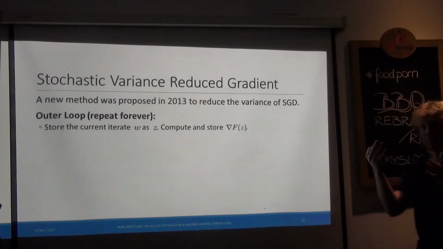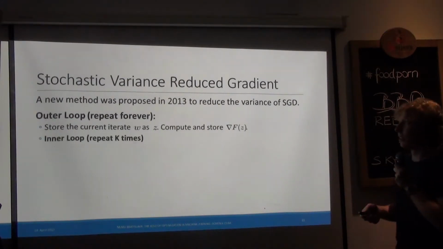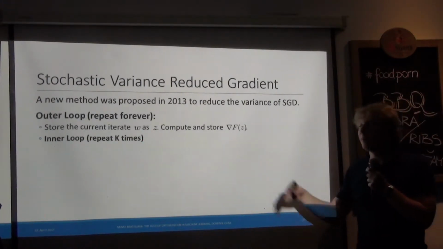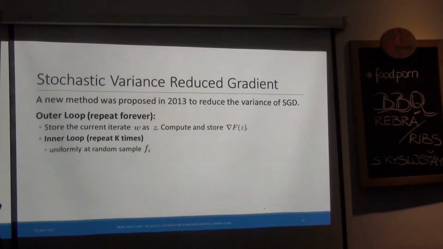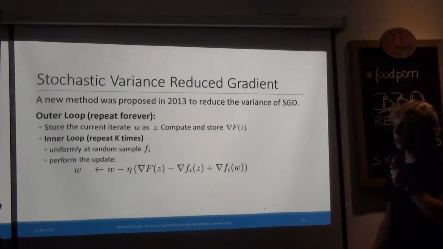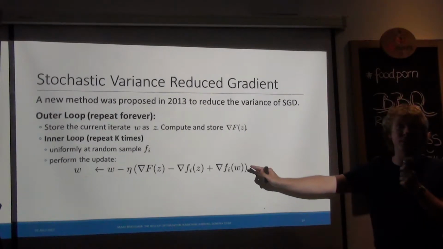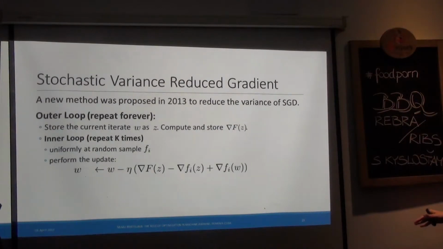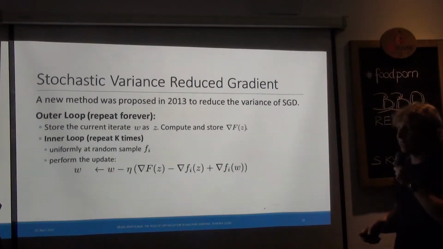Just some math again. And the inner loop, there is repeat k times, but it should be n, that's fine. We are going to just sample, pick one of those functions, and we are going to do this step. Don't worry, this is going to be probably the most mathy thing that you are going to see today. And the idea is as follows.